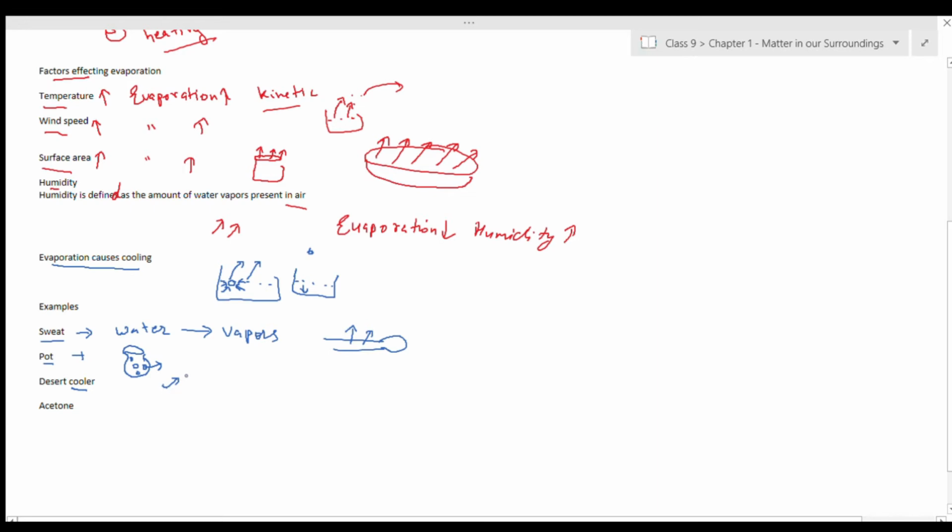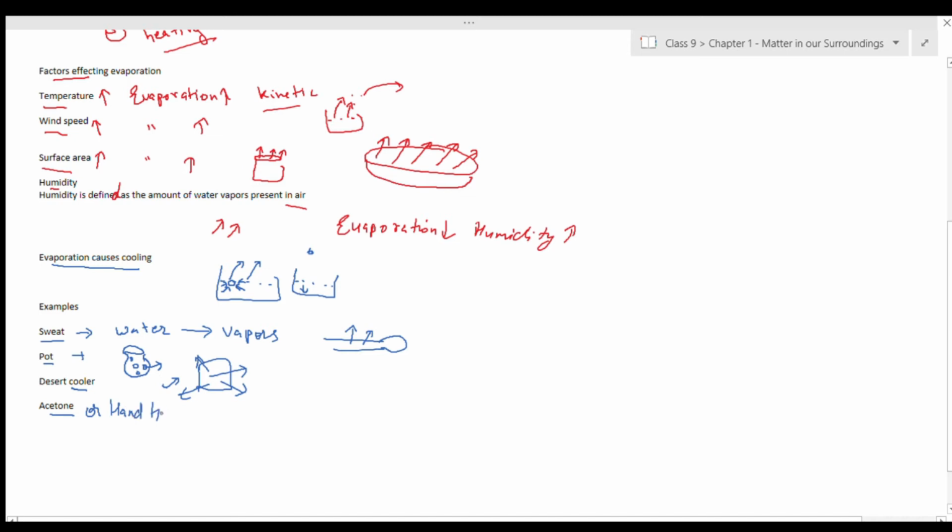Also, some of the energy is absorbed from the air present in the cooler, and the air in the cooler also becomes cool. Next example is of acetone or hand sanitizers.